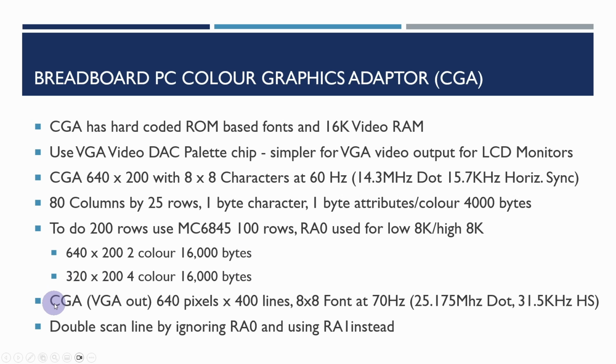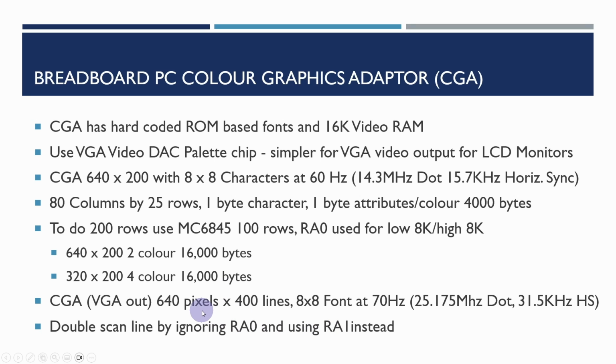What we're going to do to maintain VGA compatibility, but with the sort of resolutions that CGA has, is use 640 pixels by 400 lines with the 8 by 8 font at 70 Hz. In fact, we're going to double scan the lines by ignoring the RA0 line and using RA1 instead. So when we're looking at the output, it won't change on the basis of RA0, it'll only change on RA1.